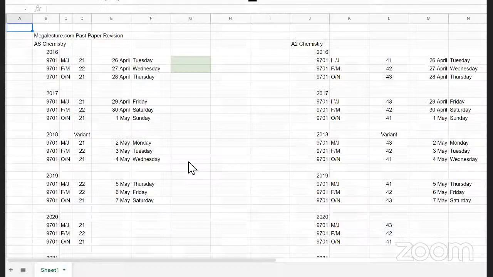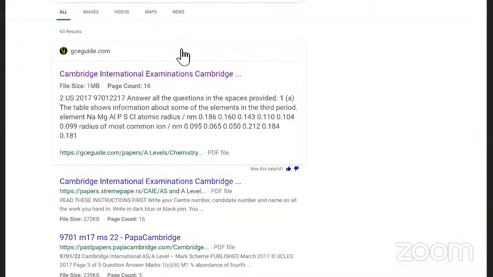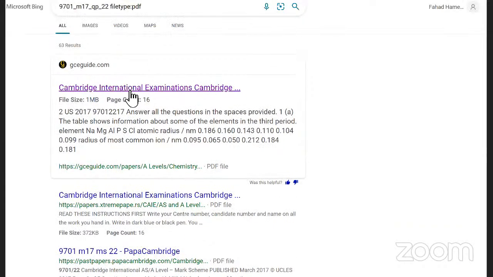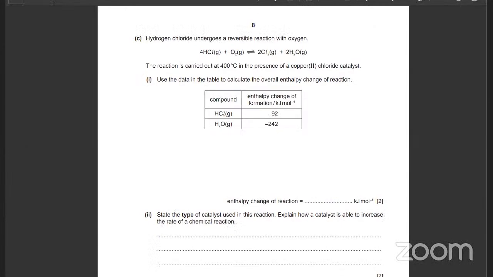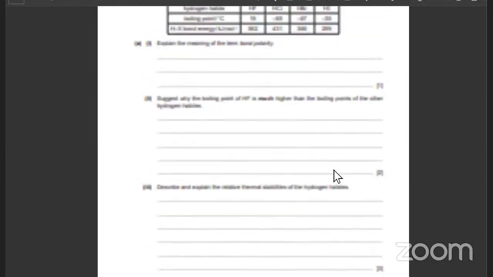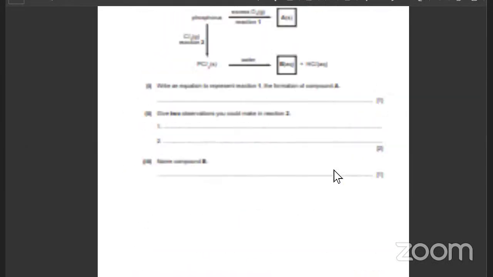I said M17, 2 to 1 second. So just give me 1 second. 17 question paper 2. Yeah. So let's start with this one.